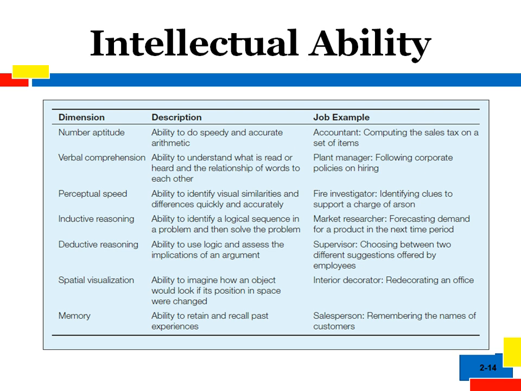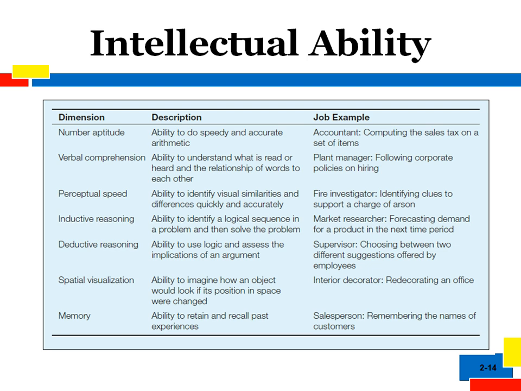Okay, so let's look at intellectual ability. The 7 most frequently cited dimensions making up intellectual ability are number aptitude, verbal comprehension, perceptual speed, inductive reasoning, deductive reasoning, spatial visualization, and memory. So these are some intellectual abilities that you can break down into these 7 categories.